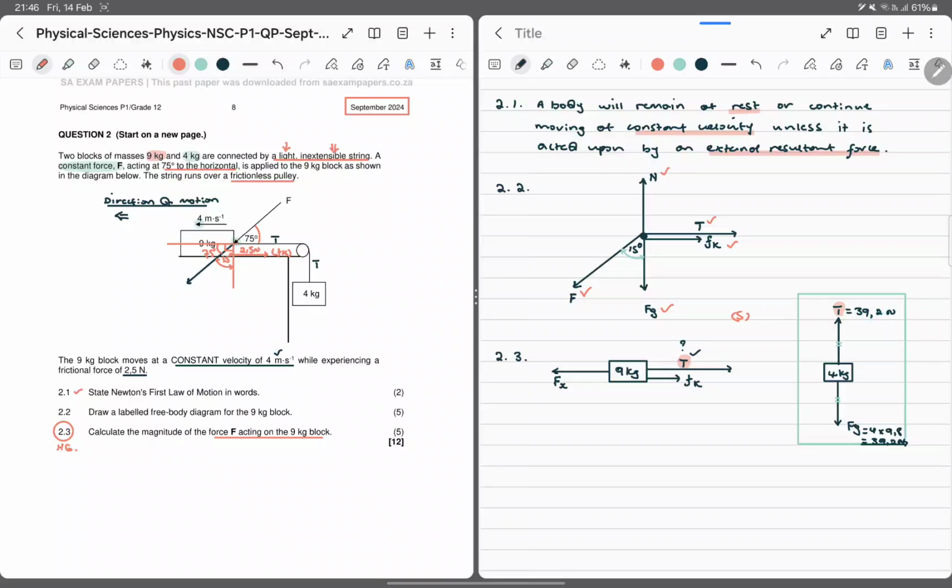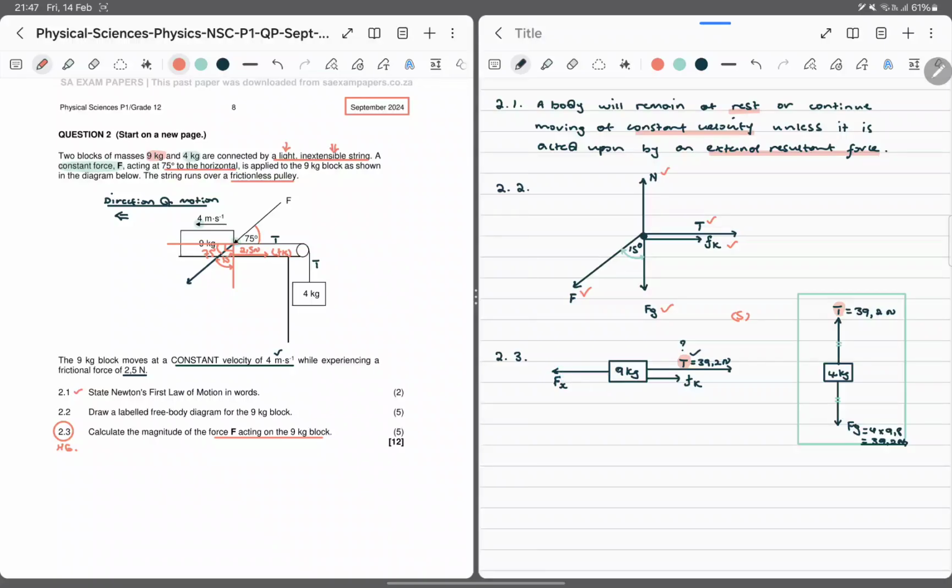So guys, if we've got 39 there, it means our tension is also going to be 39,2 newtons. So do you see the most important piece is frictionless pulley, giving us that piece that the tensions are literally the same thing. And now we're using the 4 kg block to essentially get the value of the tension.